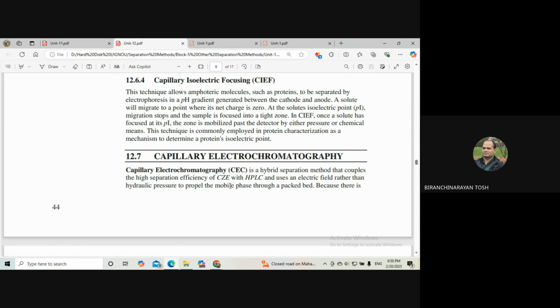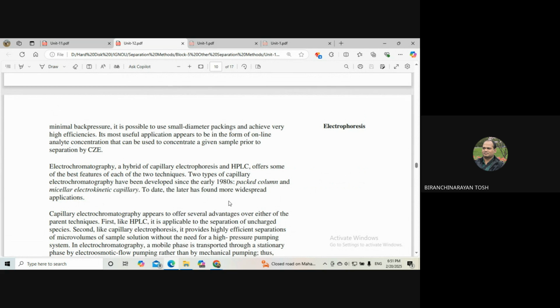So it is a combined method which is known as capillary electrochromatography, and it uses an electric field rather than hydraulic pressure to propel the mobile phase through a packed bed. Because there is minimal back pressure, it is possible to use small diameter packings and achieve very high efficiencies.